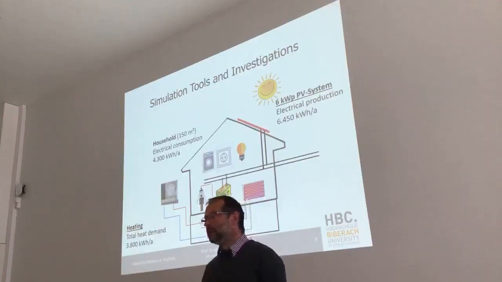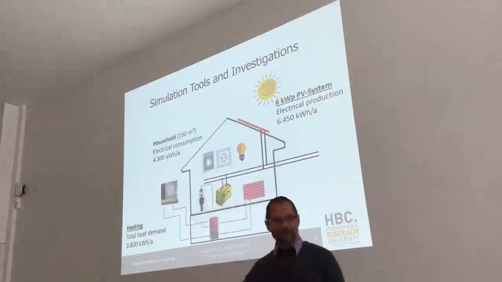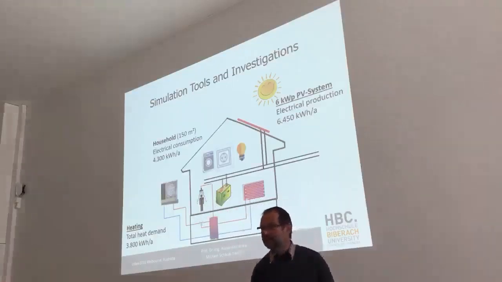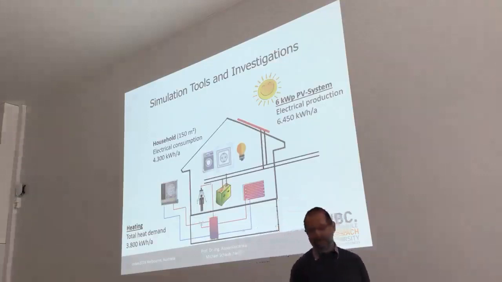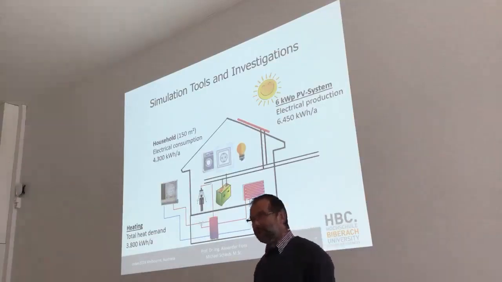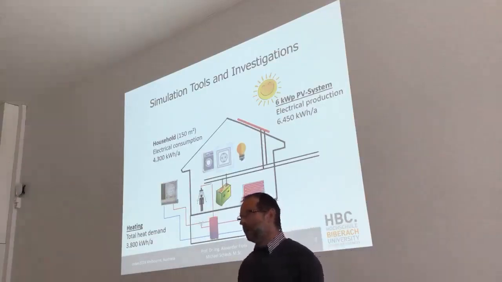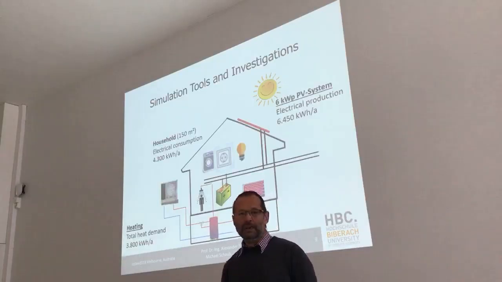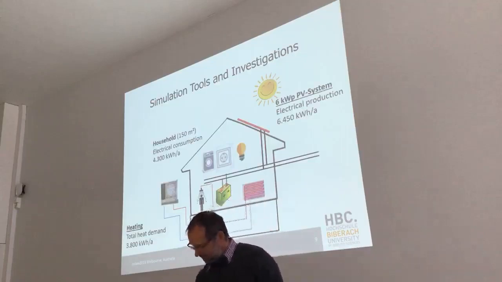So there was no electricity taken from the grid to drive the heat pump. If there was not enough PV electricity, then the gas boiler was used for the heating demand.